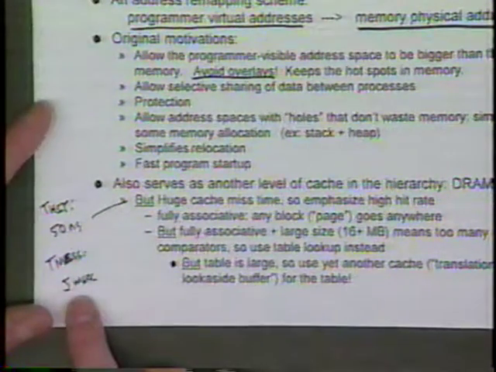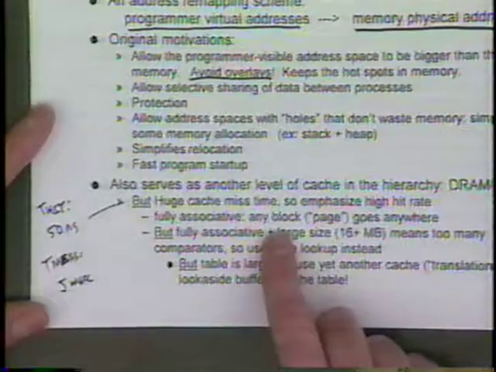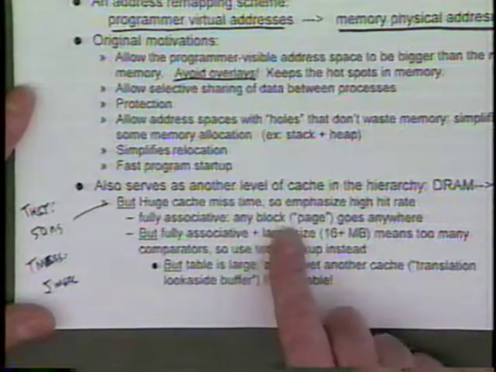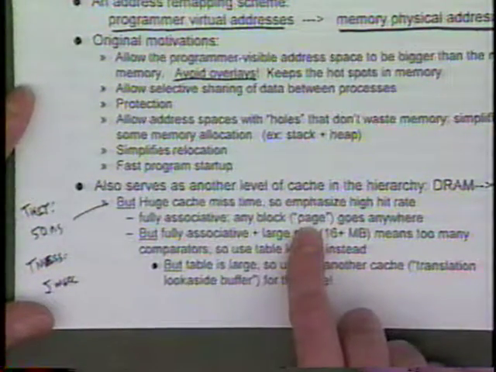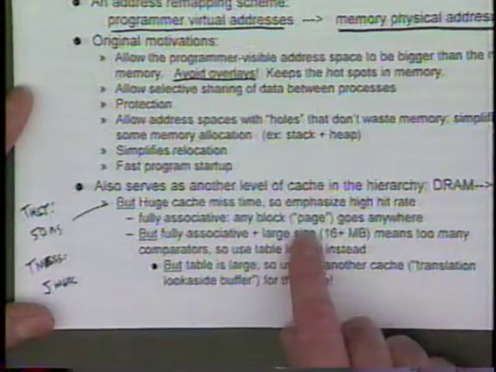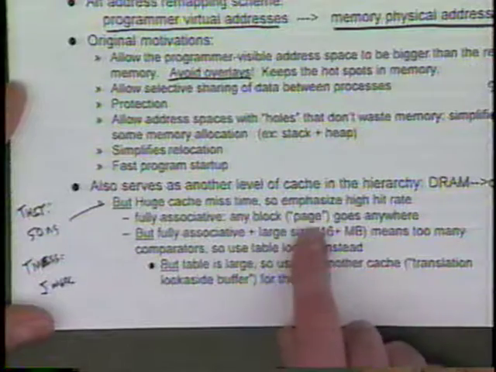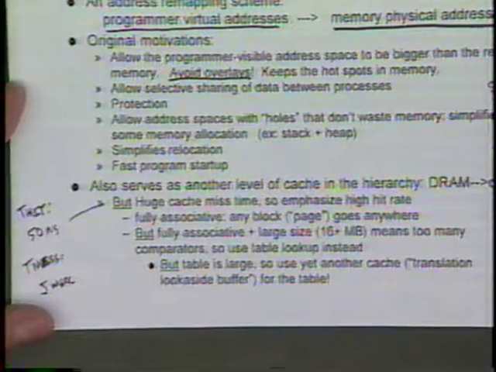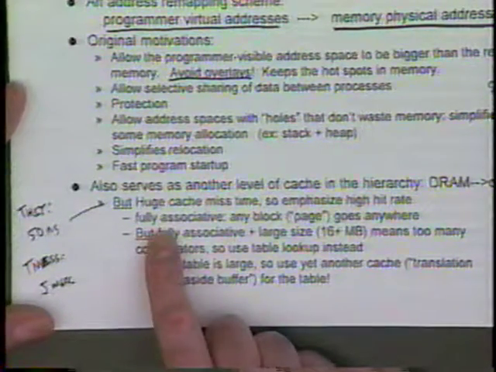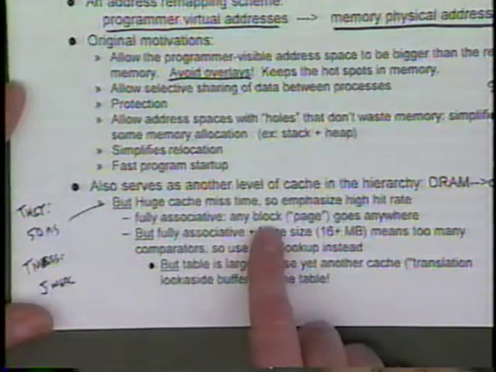So as long as you're going to pay that penalty, you might as well get as much in at one time as you can. So that argues for making the pages large, or at least doing a lot of prefetching of the kind we talked about before. But mostly it argues for making the pages very large. So what do we have? We have a fully associative cache with large pages.